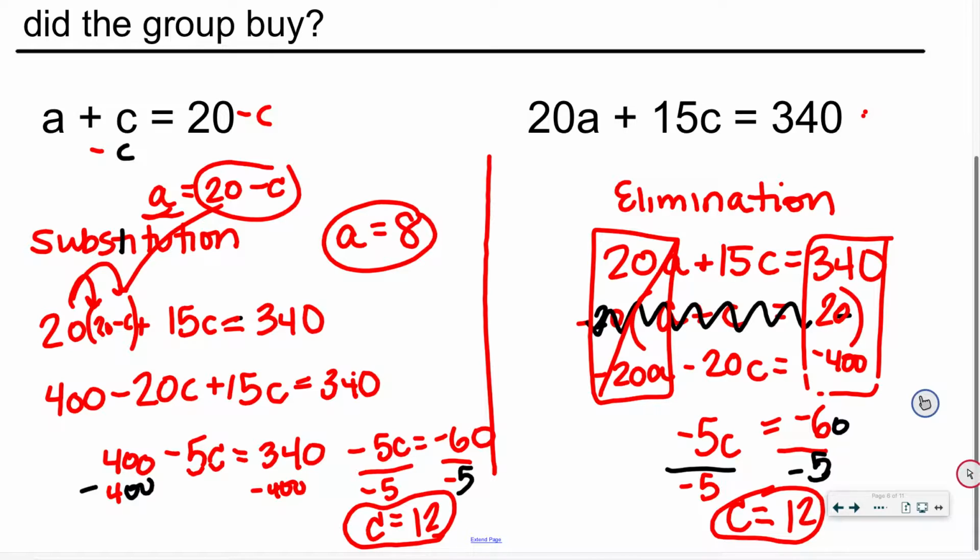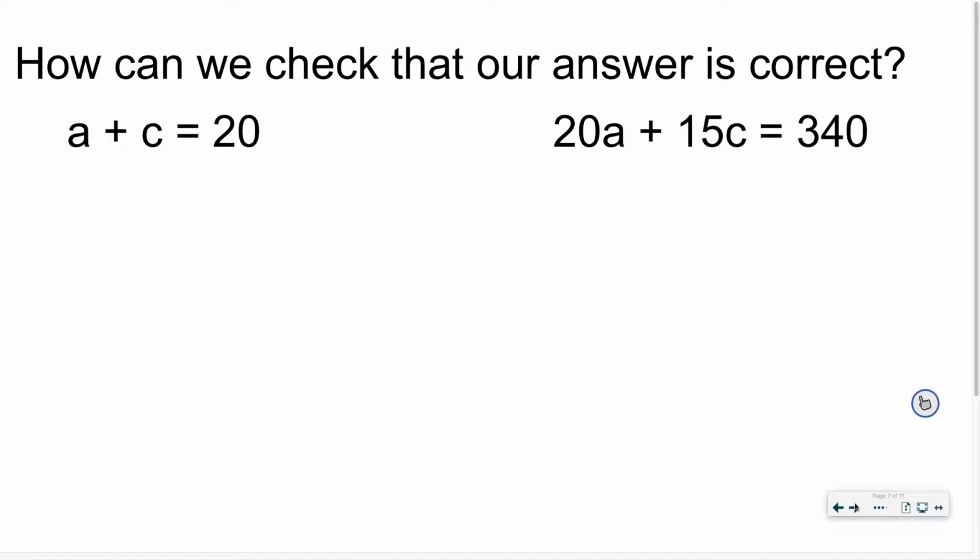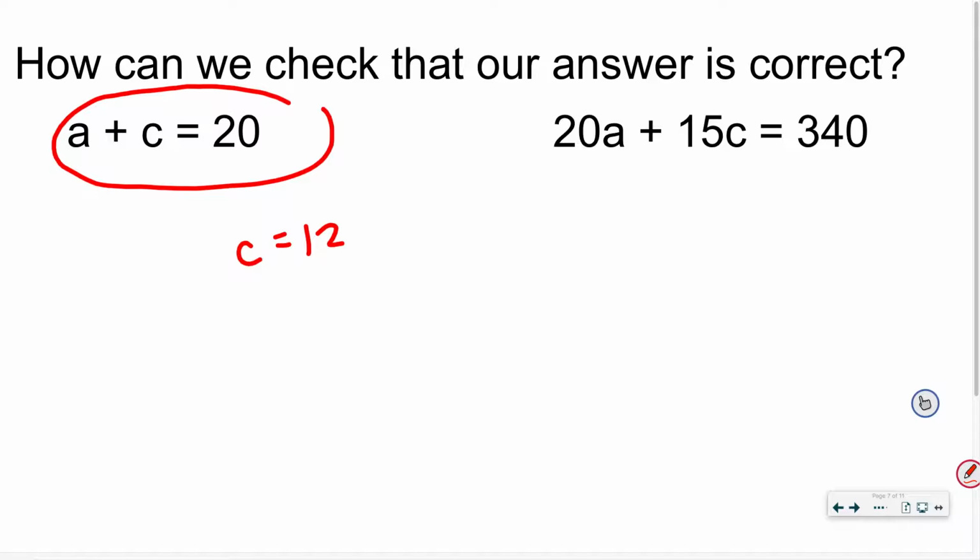Now, at the end of all of this, how can we check our work? When we just calculated C was 12, we were easily able to use this equation and say if children's tickets were 12, then adults would have to be 8, right? Which is true, but what else should we check just to make sure?